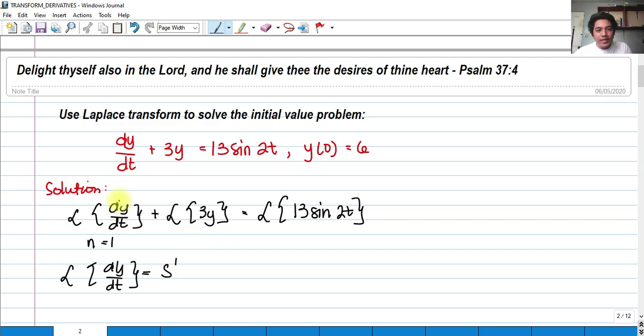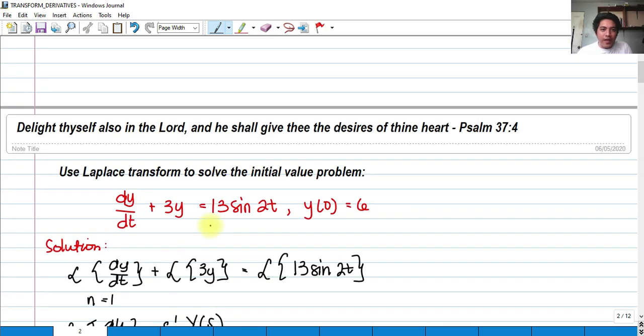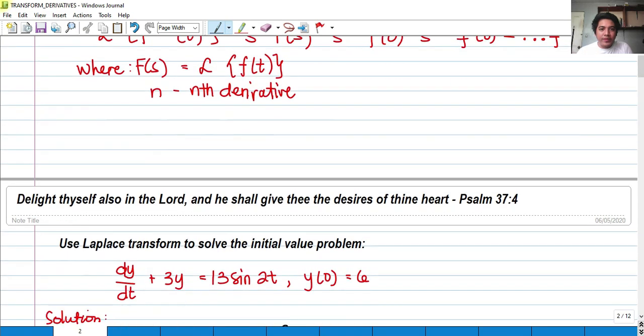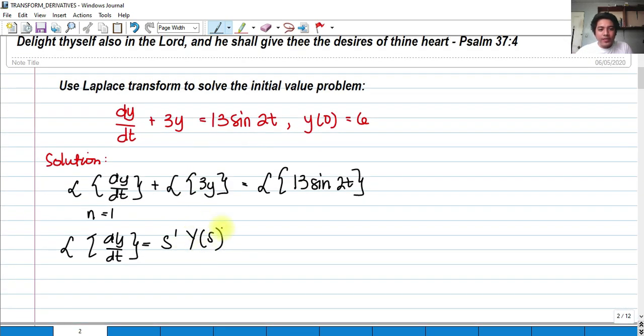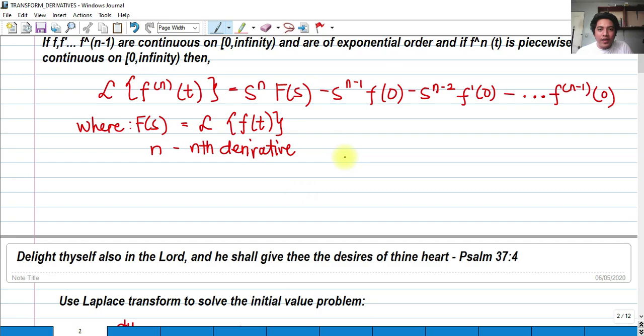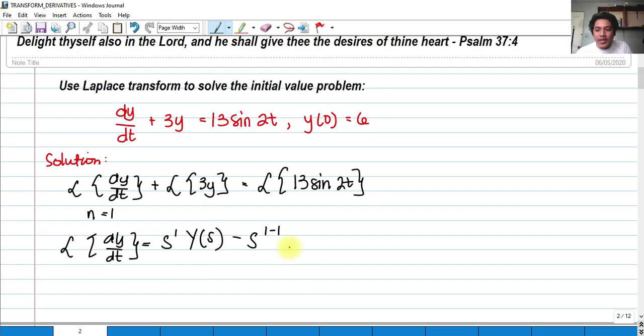Since the dependent variable here is y, we have Y of s instead of F of s. This means that the Laplace transform of this, and then we have minus s raised to 1 minus 1, and then we have f of 0. In this case, that's y of 0.